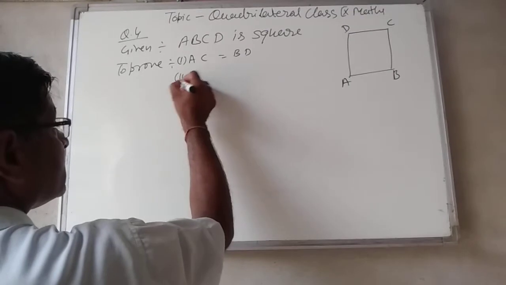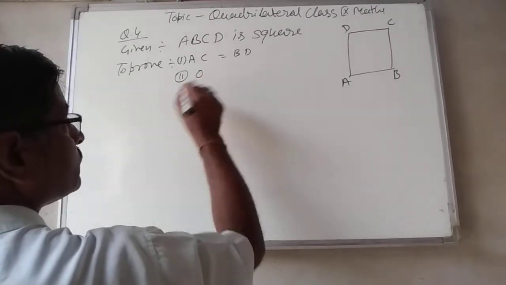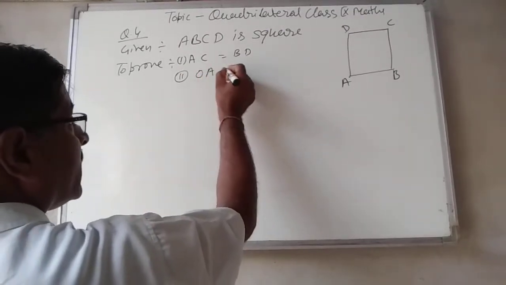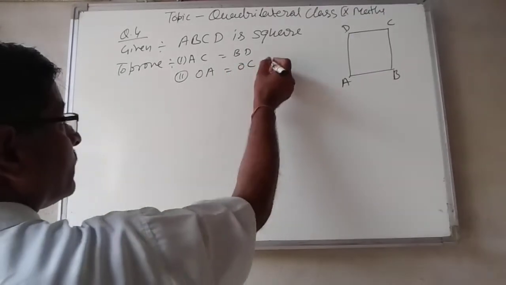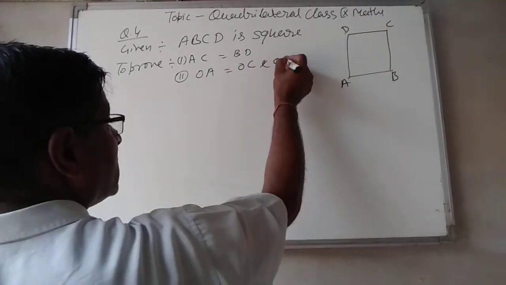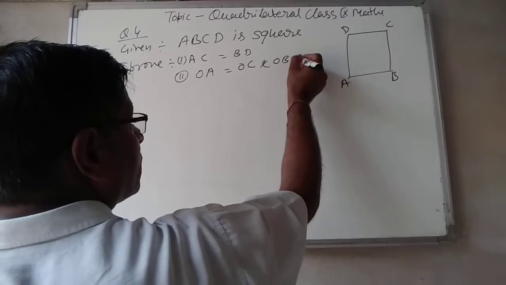They bisect each other, second part: OA is equal to OC and OB is equal to OD.